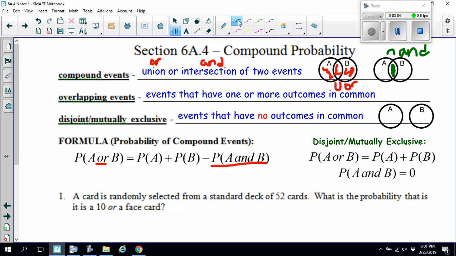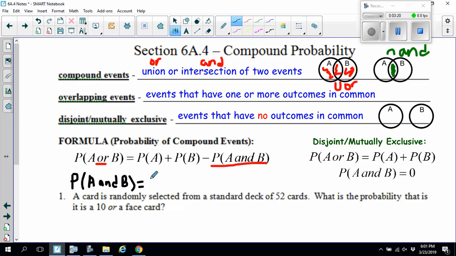Now you will also need to write this down since I don't have it. We also have to talk about compound events when we have A and B. So when we have the probability of A and B, this is how we will calculate it.